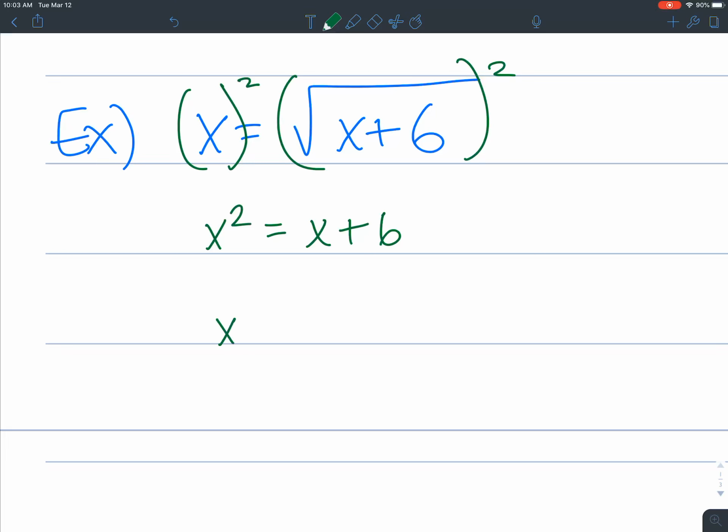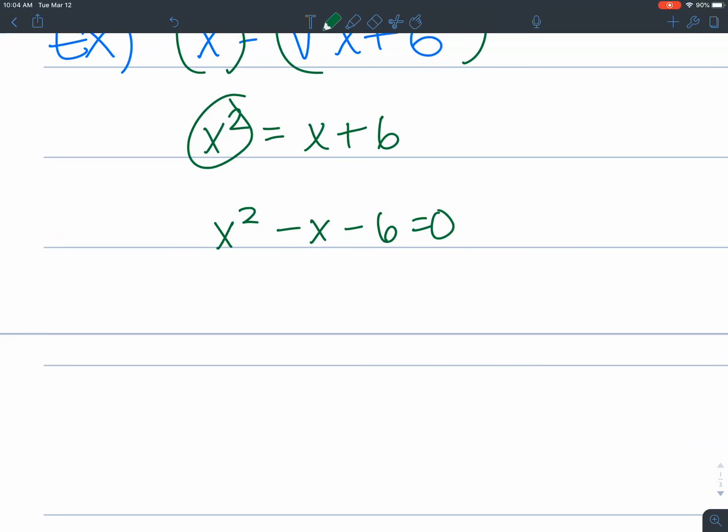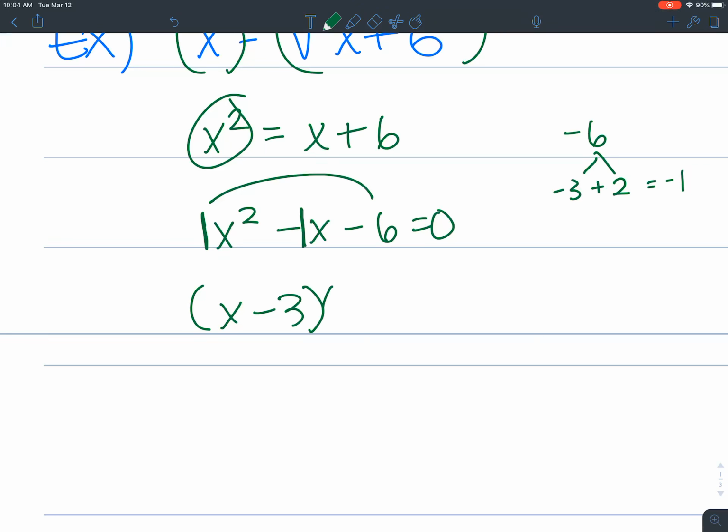So I'm going to put them all on the same side, and I'm going to put them on the side where the x squared is positive so that it's a little bit easier to factor. We have a leading coefficient of 1, so 1 times negative 6 is negative 6. Two numbers that add to this negative 1 would be negative 3 and 2. So this is going to be x minus 3, x plus 2.